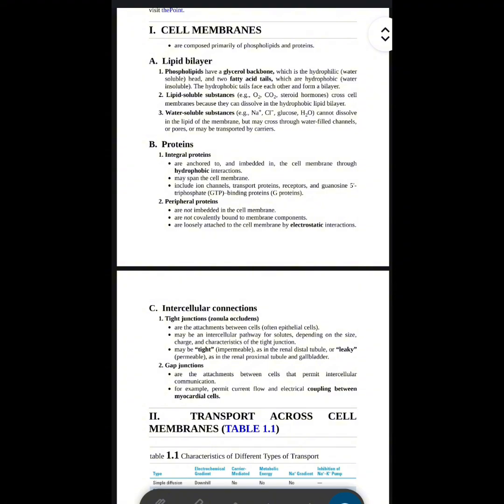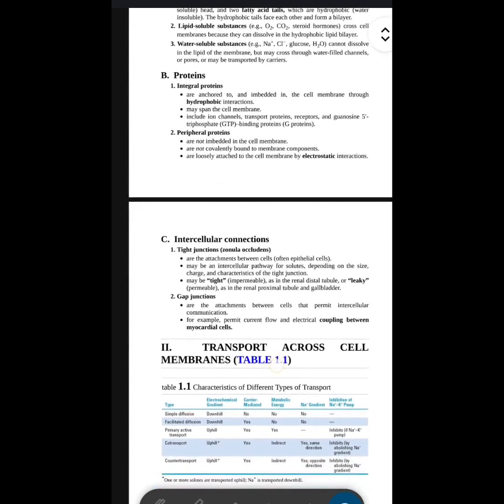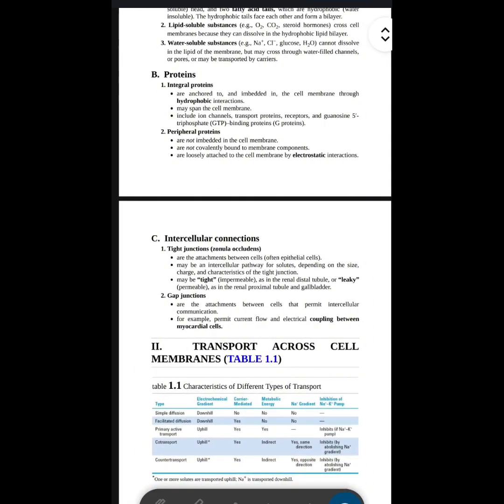The lipid bilayer is water insoluble but fat soluble, so lipid soluble substances can cross it, but for lipid insoluble substances we require channel proteins or water filled channels. There are integral proteins and peripheral proteins. Some integral proteins are embedded in the cell membrane, but peripheral proteins are not.